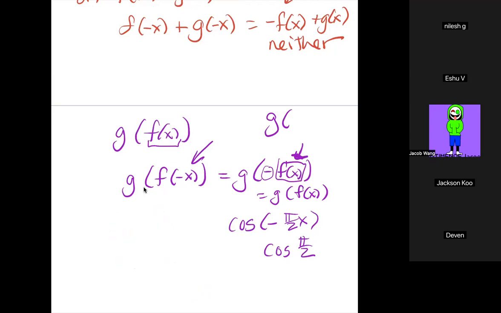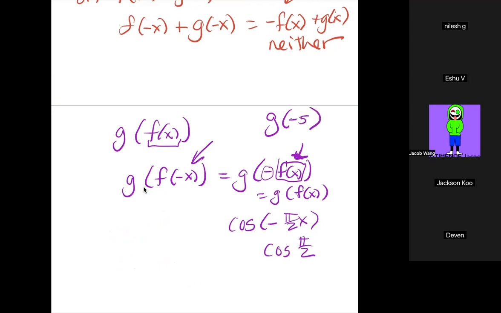All right, so let me take it a step back. Say you put in some negative number, and because it's odd, the output is going to be the negative. So say the output was originally 5. When it goes through, if f is odd, then the output is going to be negative 5.